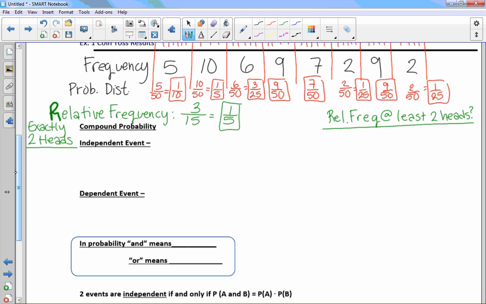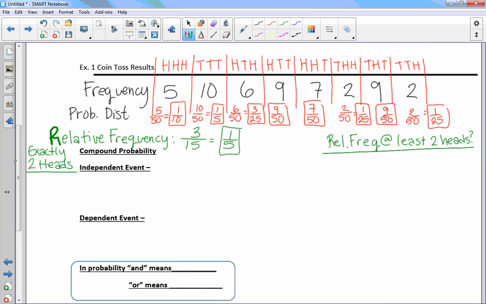At least 2 heads, could that mean 3 heads? The 3 heads, at least 2 heads? Yeah. So we have 1, 2, 3, 4. Out of how many total? Actually, I'm sorry.